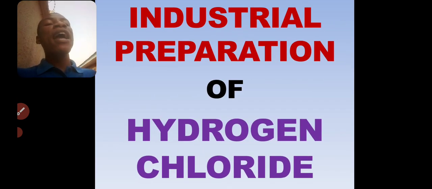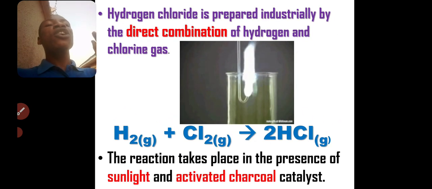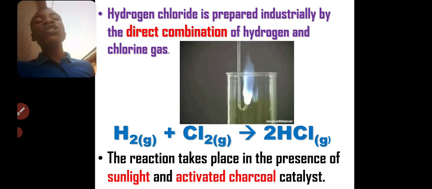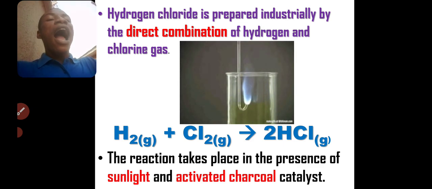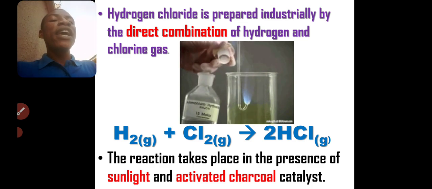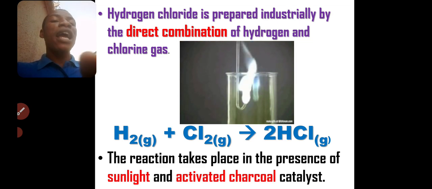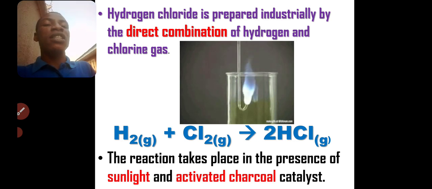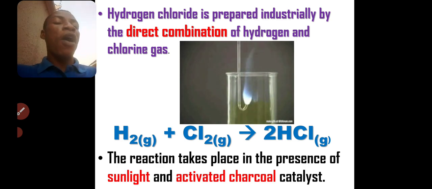How do you prepare hydrogen chloride industrially? You prepare hydrogen chloride industrially by direct combination of hydrogen and chlorine gas. As you can see in this place, hydrogen is burning inside a gas jar containing chlorine to give you HCl. If you bring ammonia gas near the product, it gives you white films of ammonium chloride.